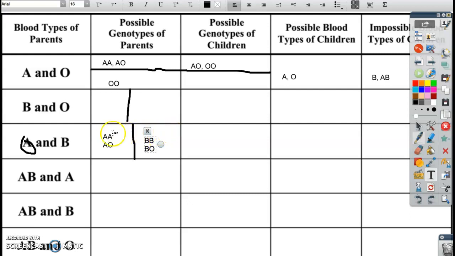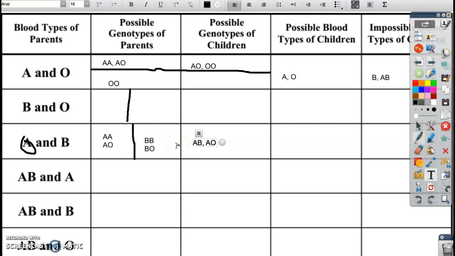All right. So now let's talk about the possible genotypes of the children. We go back to our lesson here. We got one letter from this parent, one letter from this parent. So first one, we could have an A, obviously, from this parent, and we could have a B from this parent, and that would give us type AB. We could have an A from this parent, and instead of a B, if this person has type B blood, they have an O, so it could be AO.